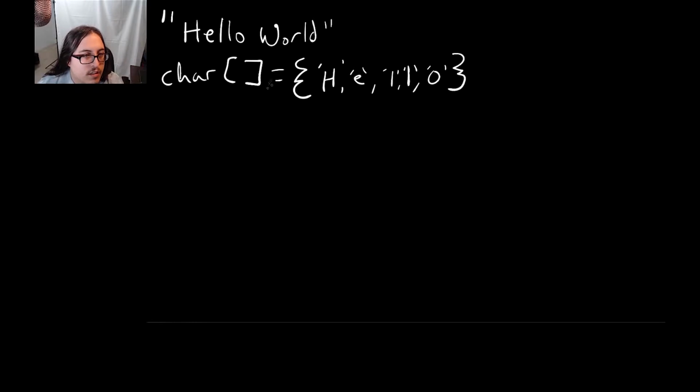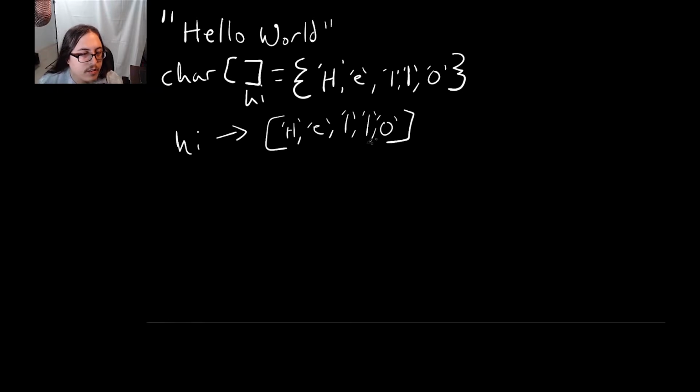So now I'll just call this character array hi. So hi now looks like this: H E L L O, and then each letter has single quotes around it to indicate that it is a character. Okay, so this is hi.